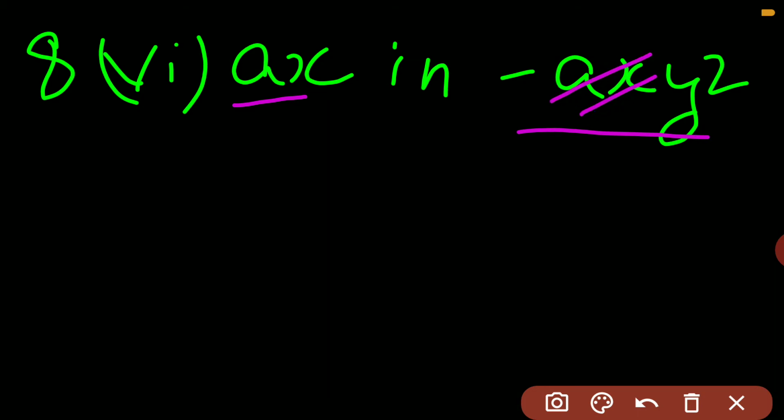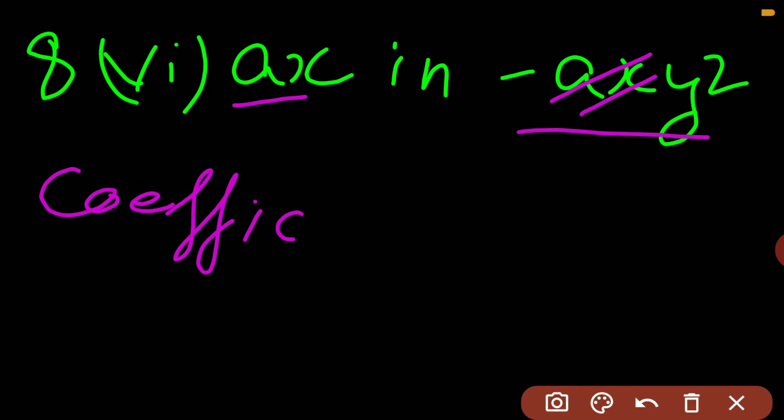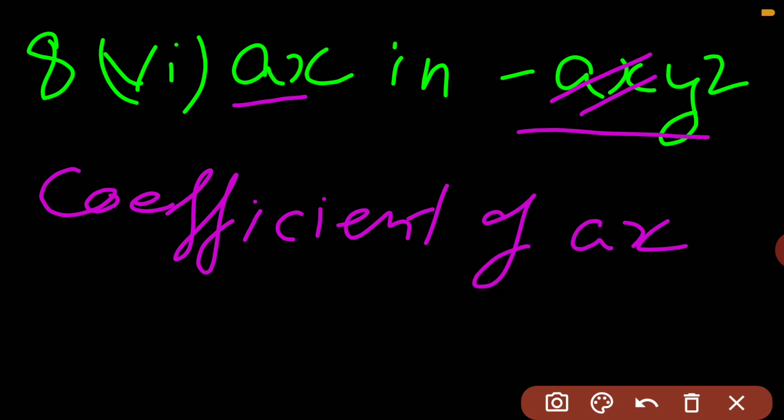If I scrap this ax out, the remaining thing will be minus y square. So coefficient of ax in minus axy square is minus y square, right? This is how we are supposed to do number 8.6.